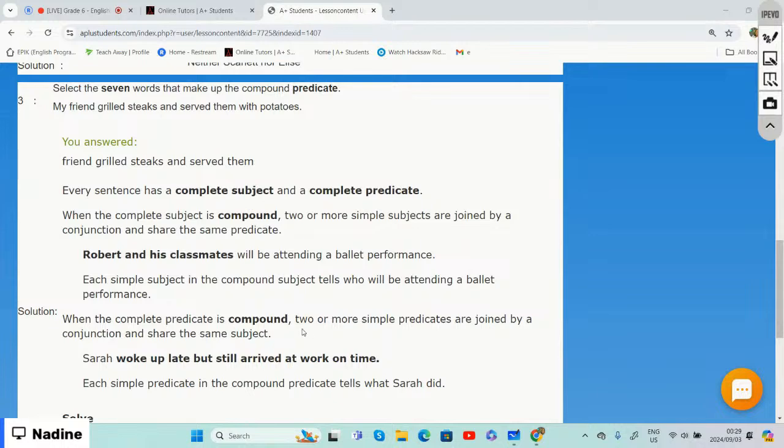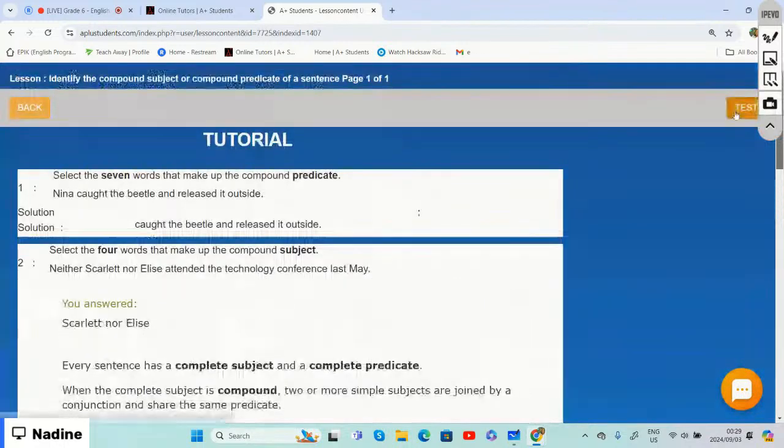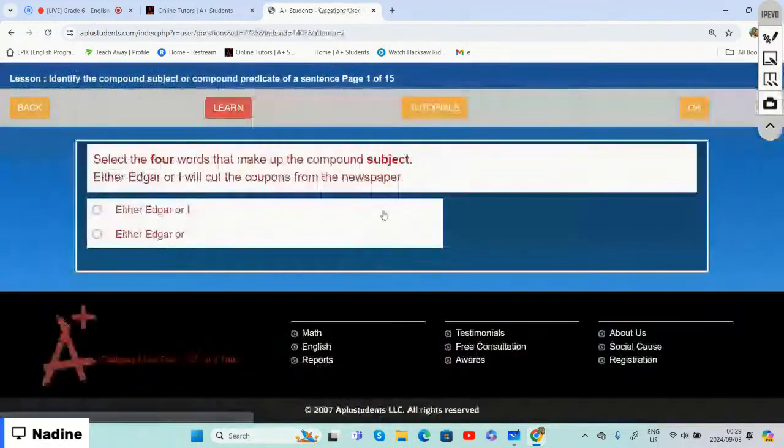All right. And then we are going to our test, where we are going to identify the compound subject or compound predicate of a sentence.